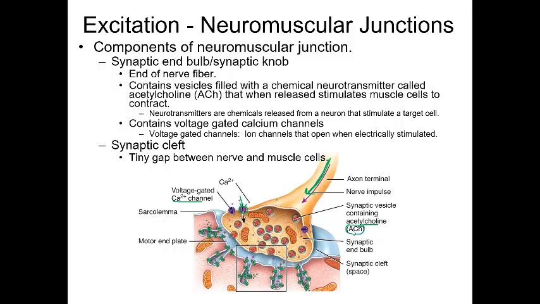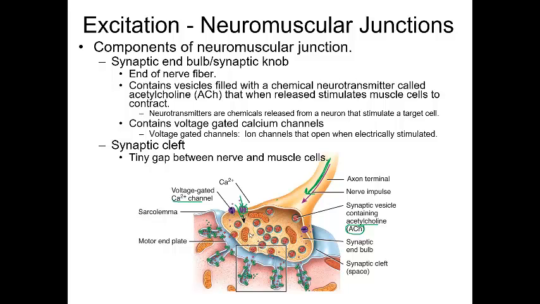So as soon as calcium enters the synaptic end bulb, it triggers the exocytosis of acetylcholine. Acetylcholine is just hanging out in little storage vesicles, and as calcium comes in, these storage vesicles are exocytosed out of the synaptic end bulb.